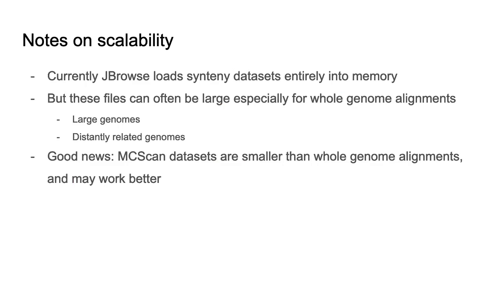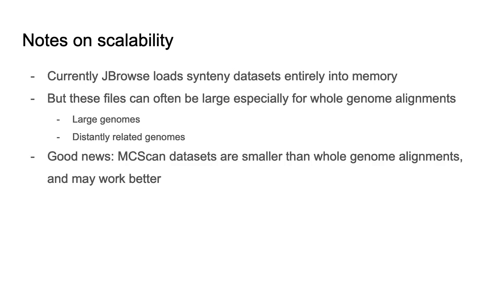I just wanted to give a note on scalability here. Currently, we load the entire synteny data set, like the whole genome alignment, into memory. These files can be really large, especially if you have a large genome or distantly related genomes, because that'll be really fragmented. It increases the file size.